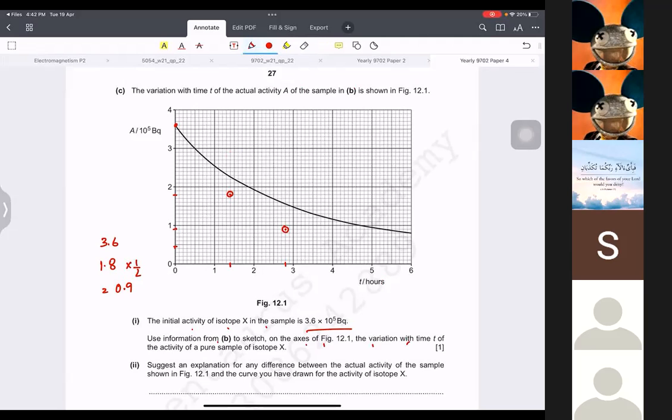And 2.8 plus 1.4 is 4.2, which is here. Okay, I think it's enough. Now we should make a nice and smooth curve like this.